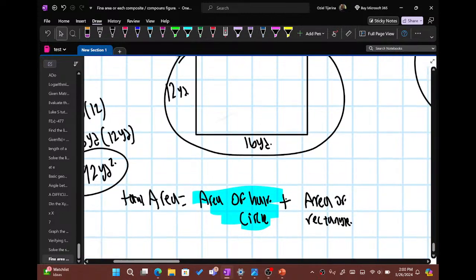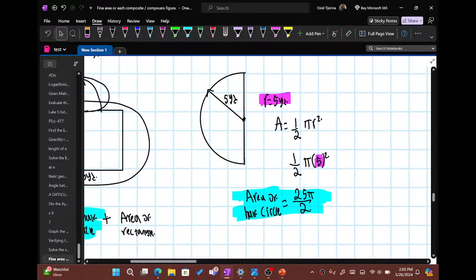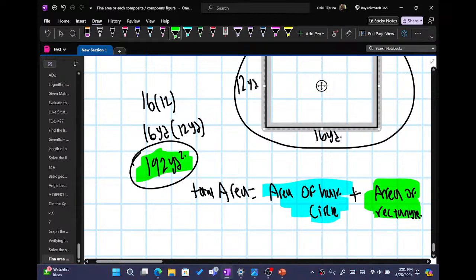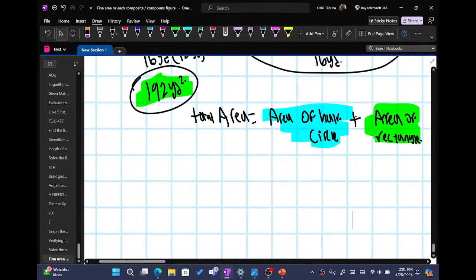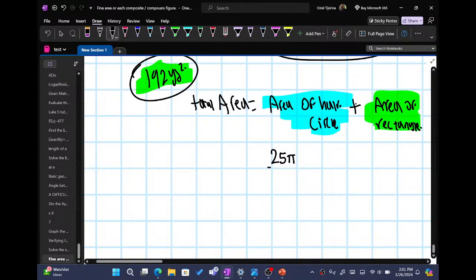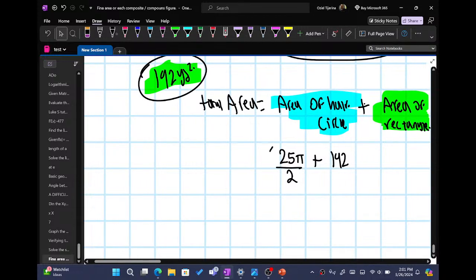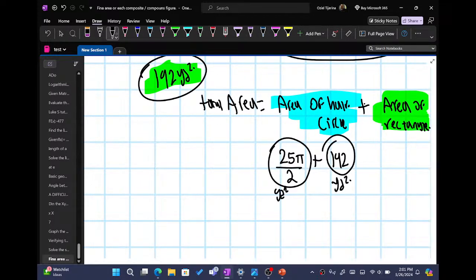And so again, it's going to be 25 pi over 2 plus 192, and this is in yards squared.